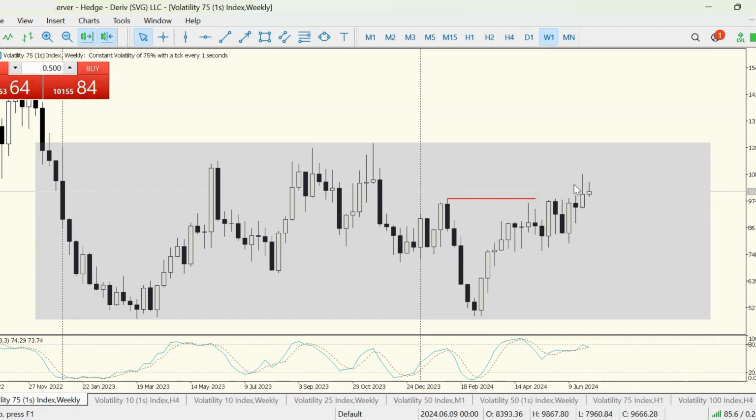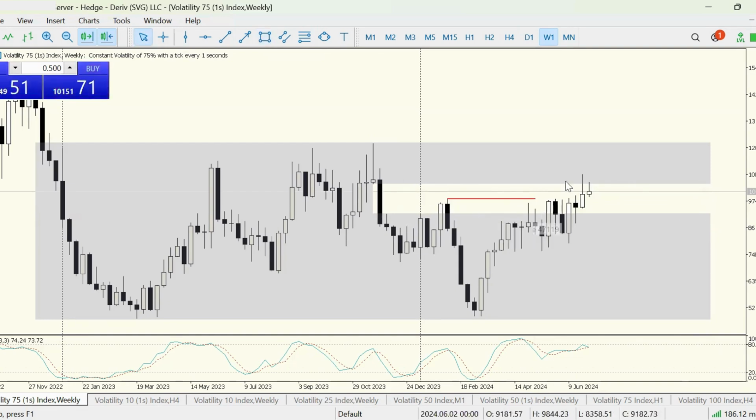We had price trying to push to right liquidity right there, pushing into this fair value gap. So now we have price that has reached this fair value gap right there.